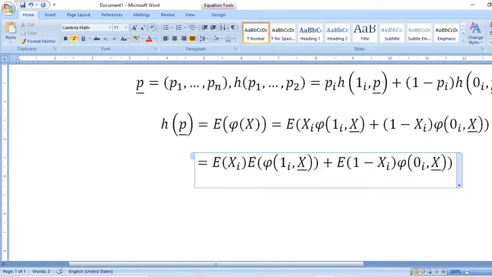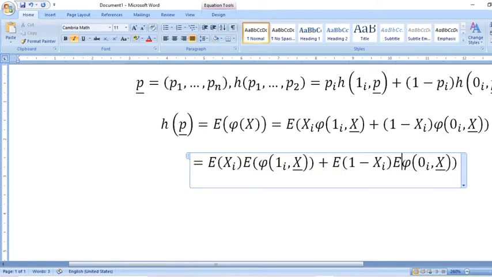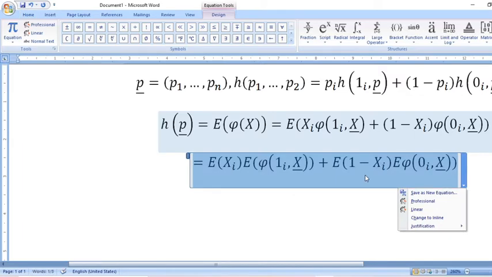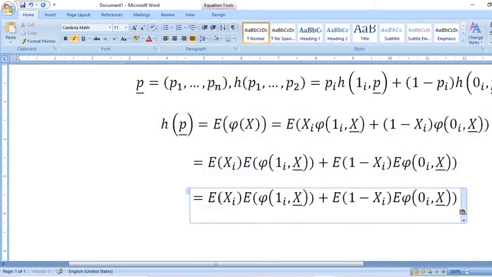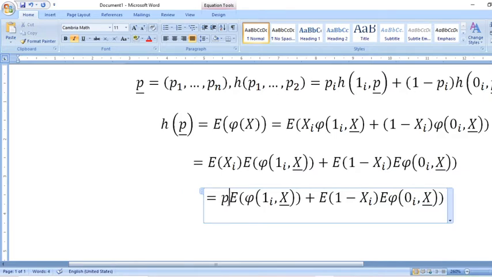That into 1 minus expectation of, okay, this is written like this. Instead of expectation of xi, we can put pi.